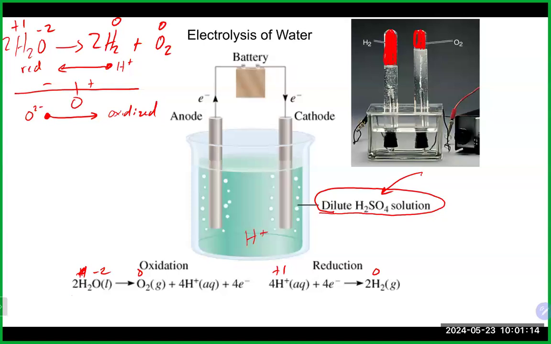So something like that is probably indicating that it's talking about the electrolysis of water. If you see that and you're not really sure what it is, if some type of acid solution is kind of all they mention, it is probably water, and these half reactions would be the half reactions that you would want to use in that particular case. Any questions on that?